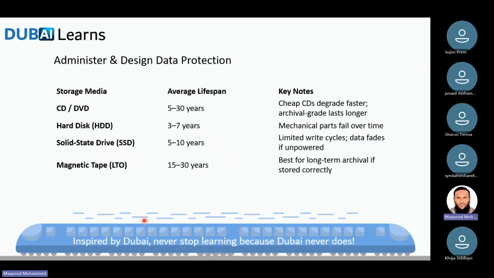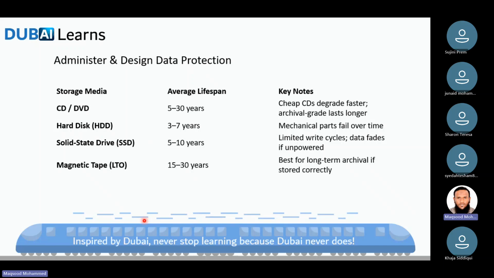Okay, so you can see here storage media. If it is a CD or DVD, the average lifespan is 5 to 30 years. It was very good in those days. It was cheap, but degraded faster. If you get any scratch on a CD, it is useless.